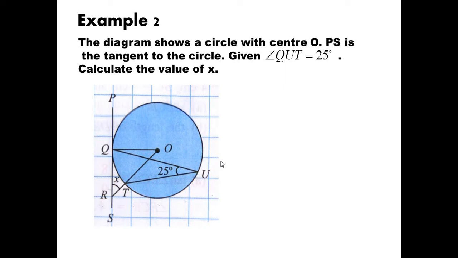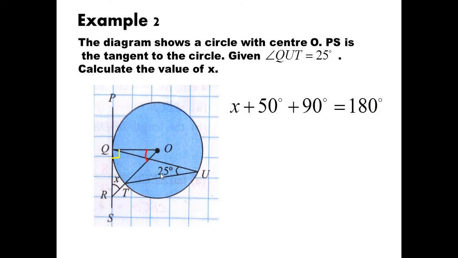Okay, so recall the properties of angle in circles. So we're going to have 50. So x is equal to 180 minus these two angles. How does this 50 exist?